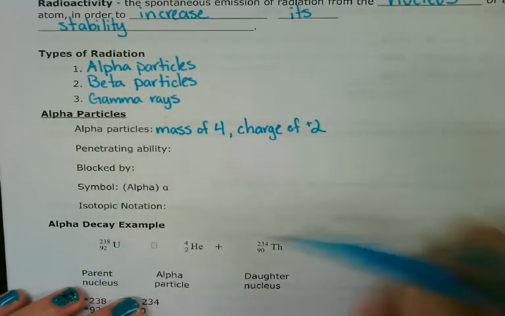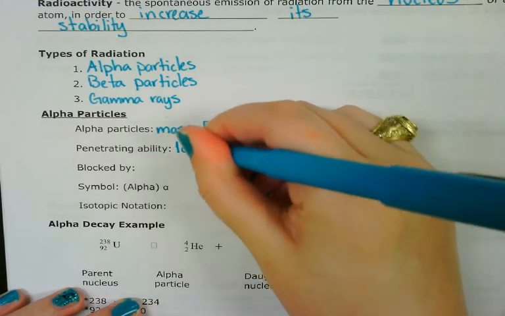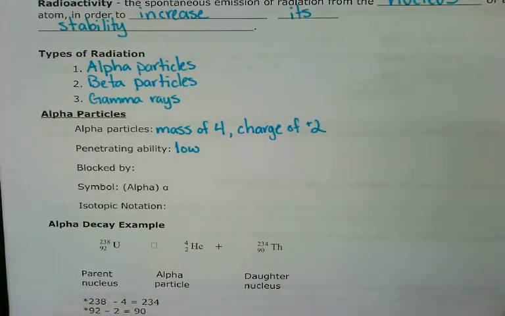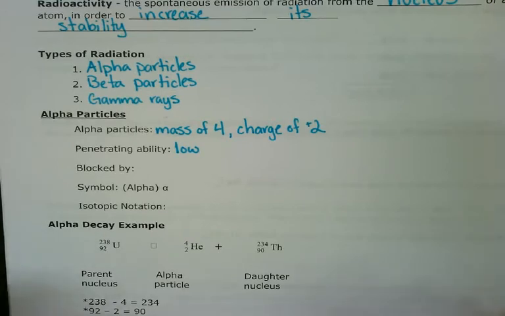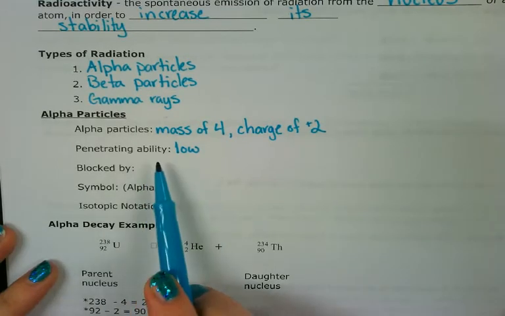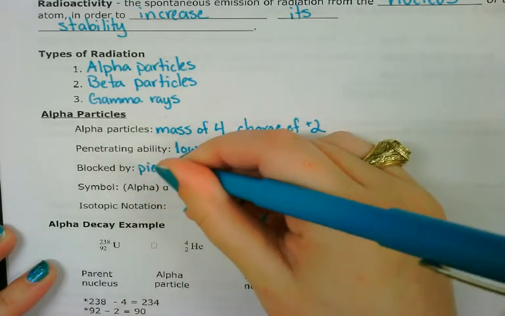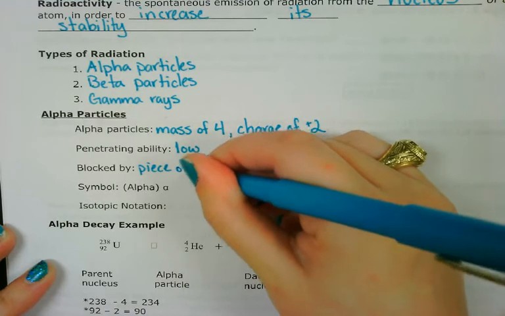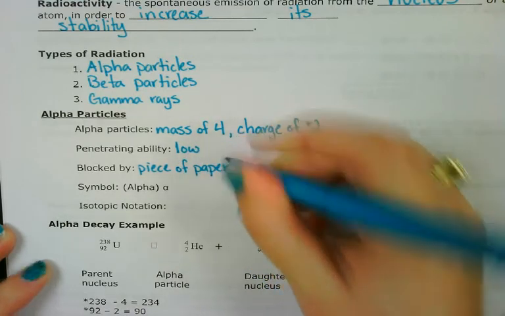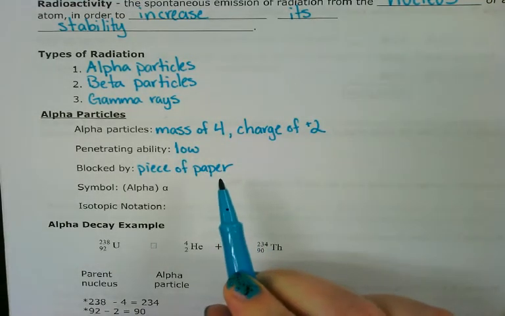Penetrating ability, that's low. So when we talk about penetrating ability, all it means is what can it go through, what can it penetrate. So alpha particles are actually blocked by a piece of paper. Their penetrating ability is so low that they can't pass through a piece of paper.